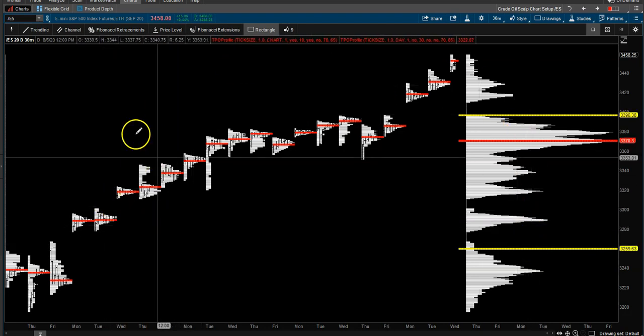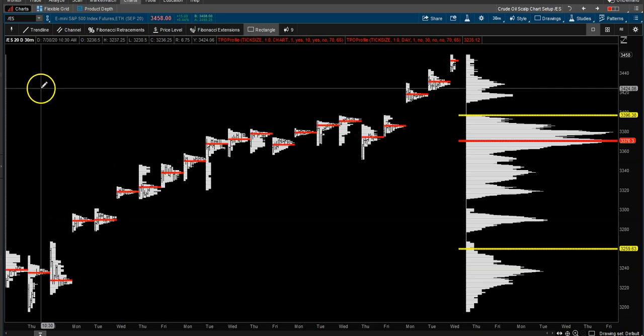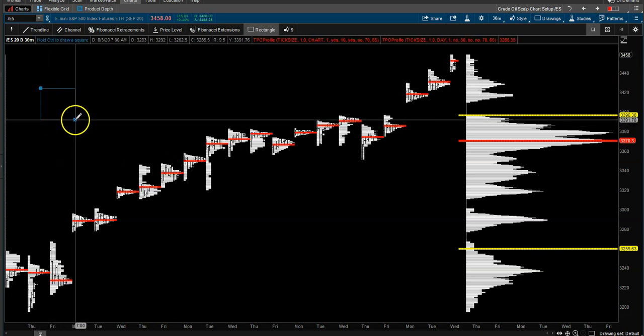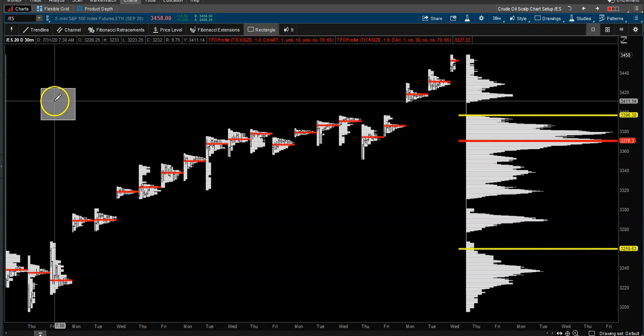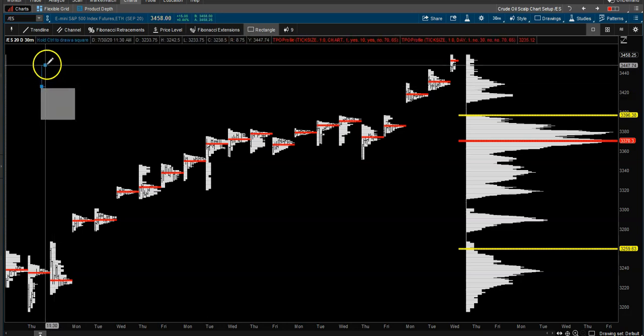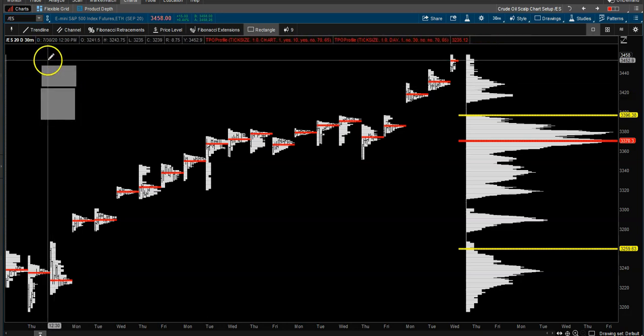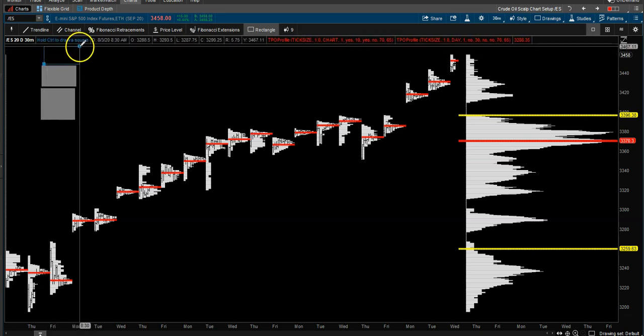So the best way to think of it is this. We've all been to a mall, right? Or a store, but let's say it's a building where you have one floor here, a second floor here, and then a third floor up here.